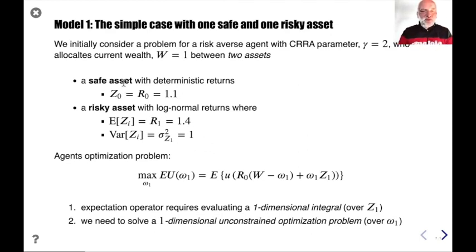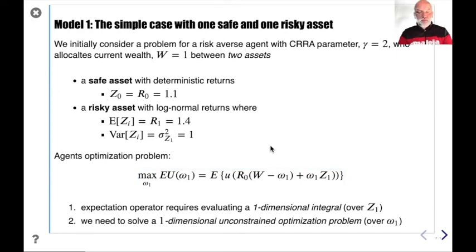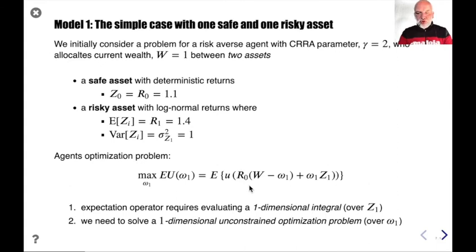So there's a safe asset, there's a risky asset, and then the optimization problem for the investor is the following. Here you take the expectation of utility of the safe return R naught times omega 0, which is implied by the budget constraint: all you have to invest minus what you invest in the other assets, so that's what you invest in asset 0.